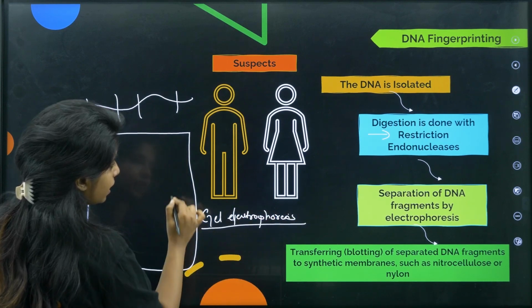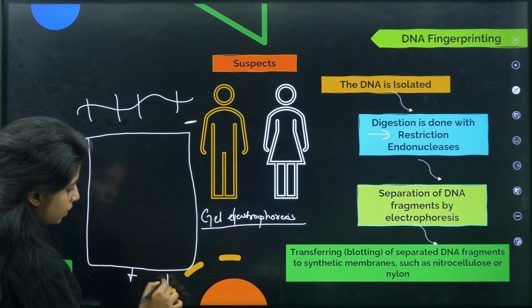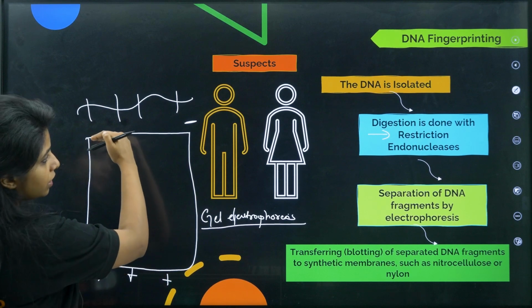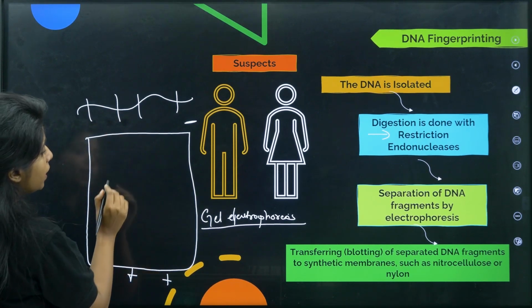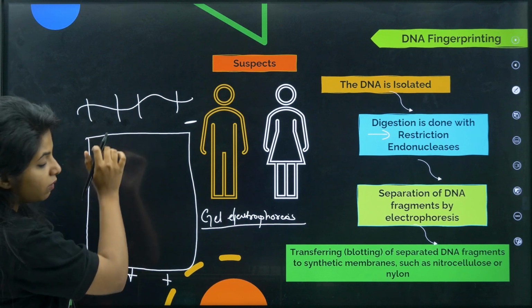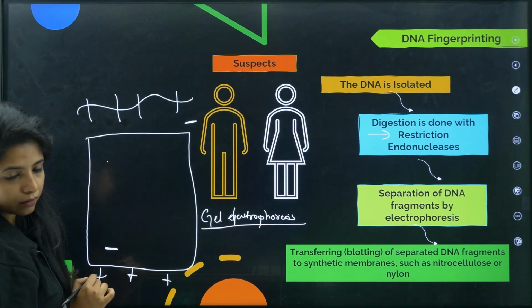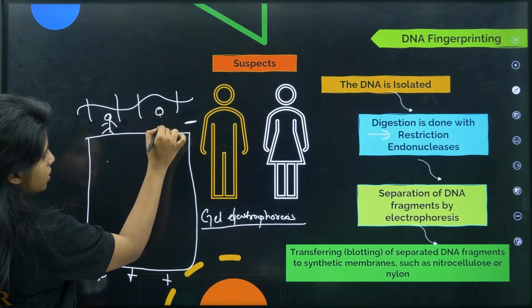You know, DNA is negatively charged, so it will go to the positive end. It's a gel, and in the gel you have small wells, and the DNA that is negatively charged will go to the positive end. Depending on the length of the fragment, it will be separated. So there's a small fragment over here which has 1 repeat, and this guy is having it. This is the guy, and suppose this is the girl.